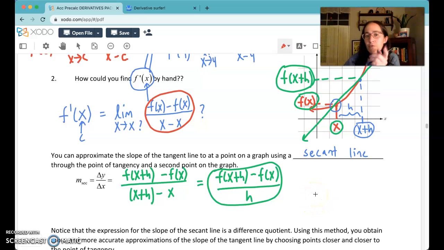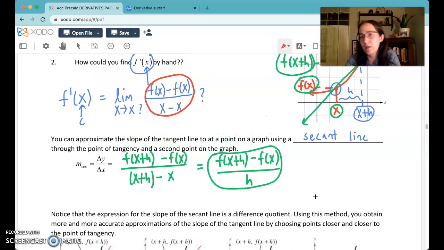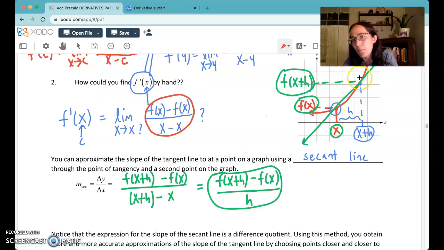Before we get to an actual definition, I've got some pictures underneath I want to explain, but think of how this isn't a perfect slope of a tangent line, and think of how we can improve upon this calculation. Look how far x plus h is away from x.